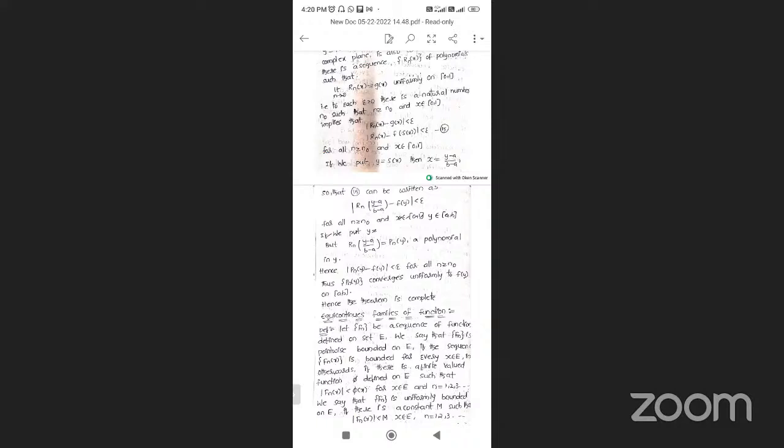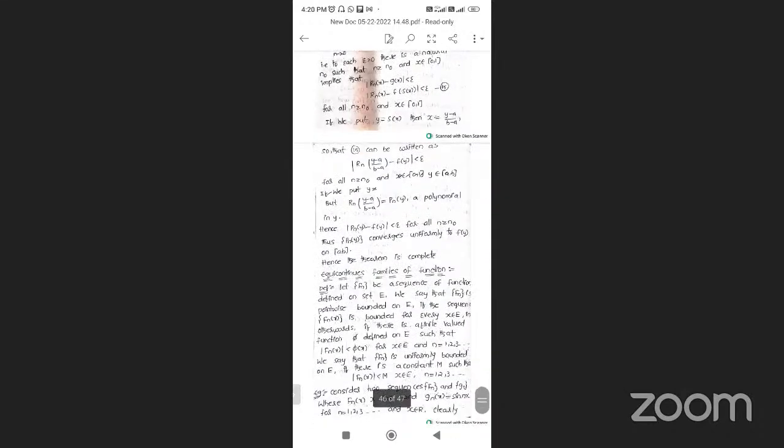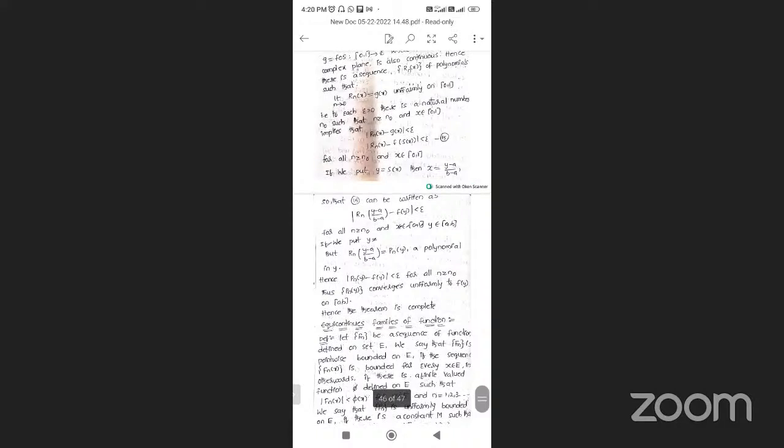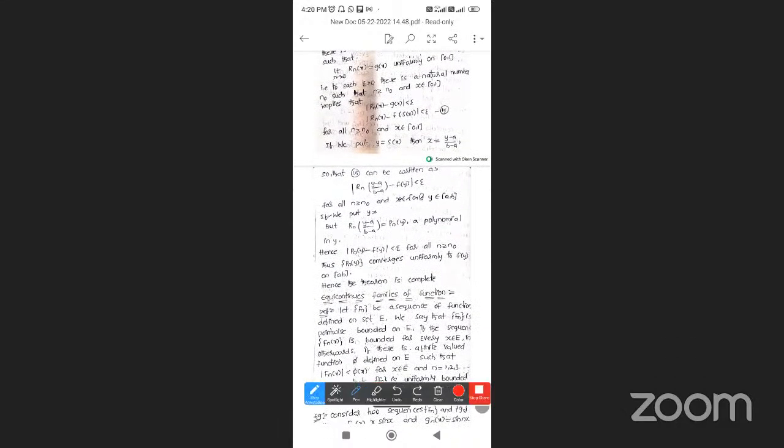Now the 15th equation can be written as Rn of (y minus a) by (b minus a), minus f of y, is less than epsilon, for n greater than or equal to n naught, where y belongs to the closed interval [a, b].